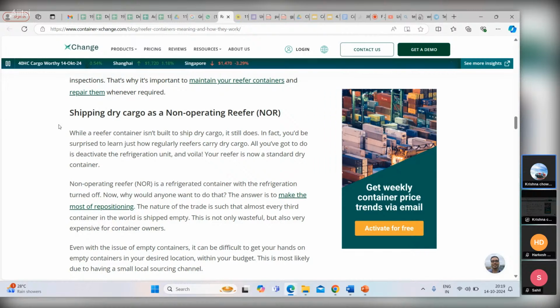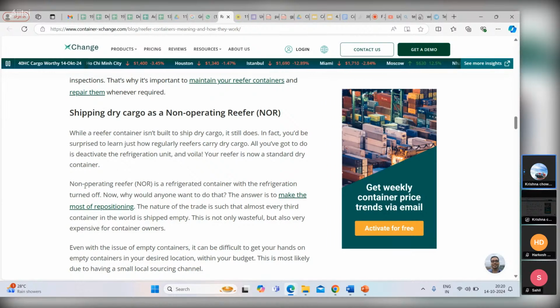All you have to do is deactivate the refrigeration unit, and voila, your reefer is now a standard dry container. If you switch on the reefer machinery, it is a reefer; if you're just putting in dry cargo, it will be called a standard dry container.